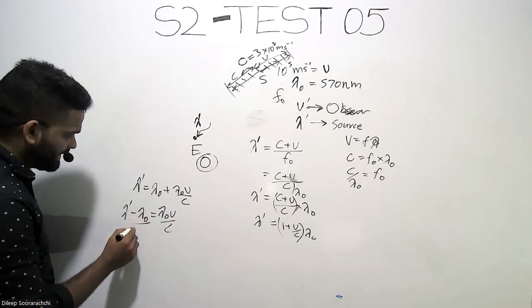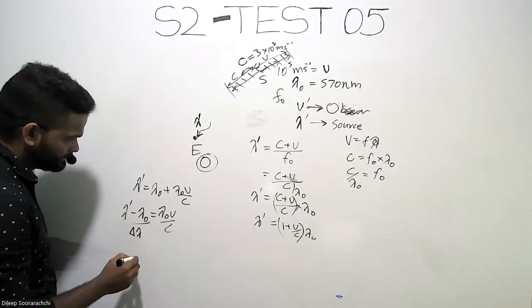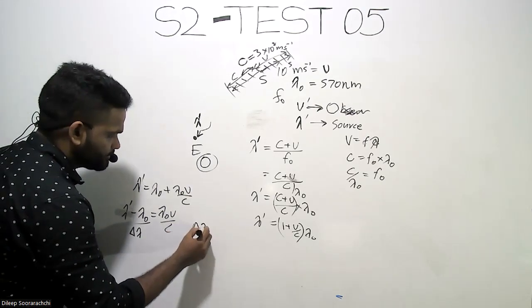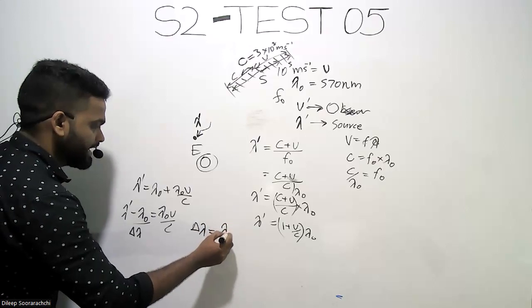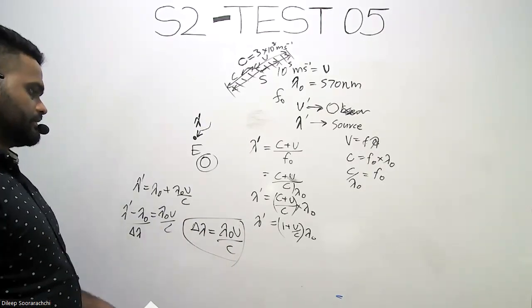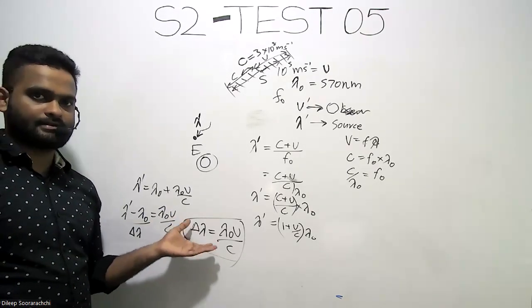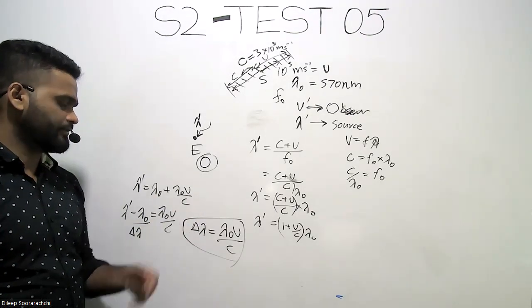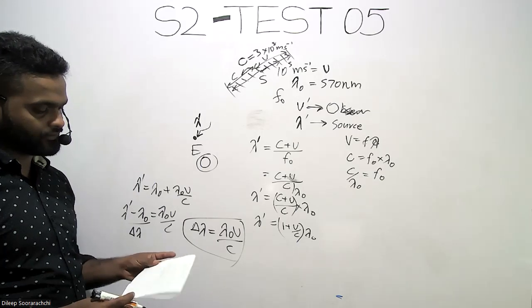So this is the change of wavelength. We have this expression for the change of wavelength, that is lambda naught v divided by c. So once we get this expression, we can find the change of wavelength.